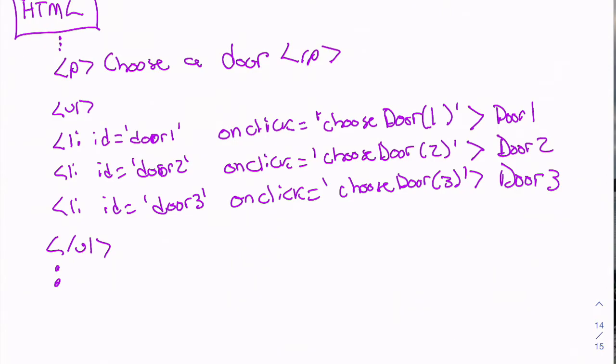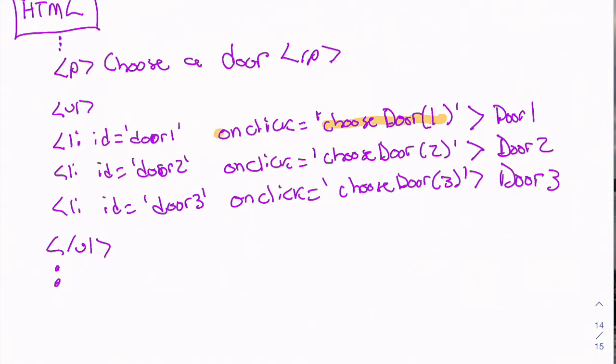Now, what is this on click choose door 1? Well, you're familiar from working with Java that you can create event handlers for elements that appear in a user interface you're creating. Well, you can create event handlers for any HTML element that exists on a web page. And so that's what I'm doing right now.